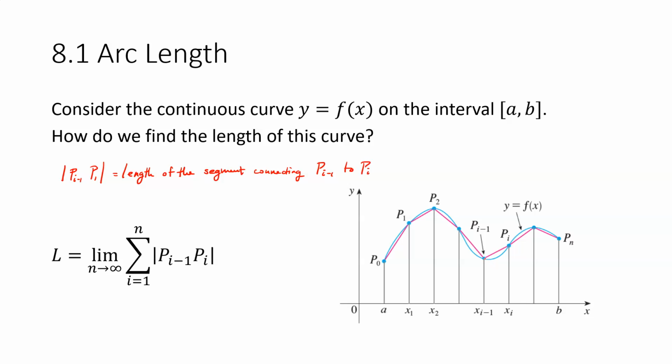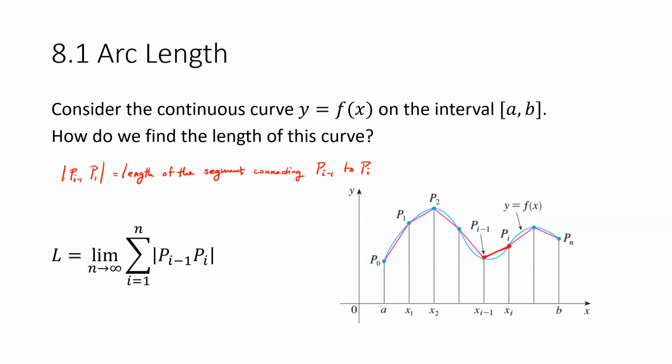So in other words, it would be the length of this segment here, for instance. So if we sum them up over all these points, that would give us our approximation. And so taking the limit as the number of those approximating segments approaches infinity, we get the true length.